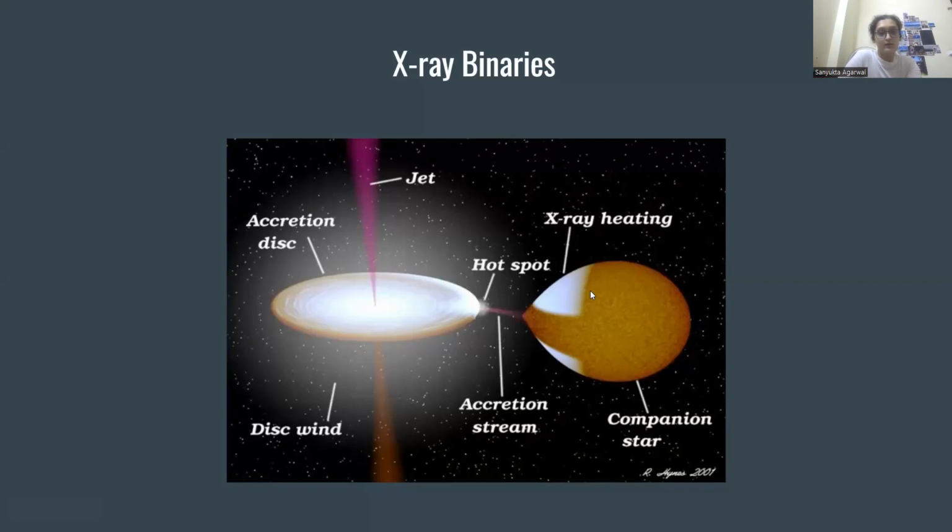And here we have its companion, which is mostly a main sequence star. The accretor attracts mass from the companion, and the mass rotates and forms an accretion disk. Here we can see the accretion disk as the mass from the companion falls into the accretor.